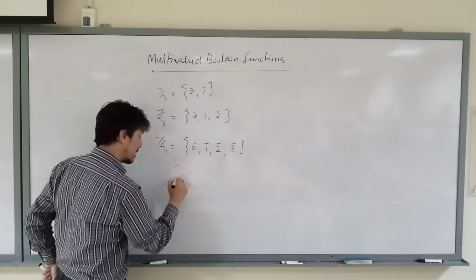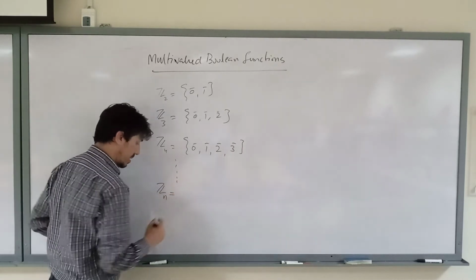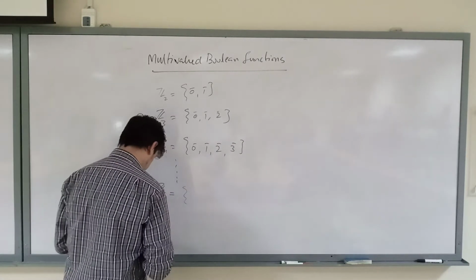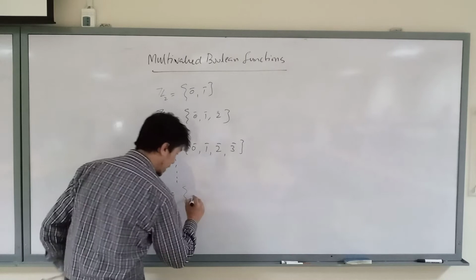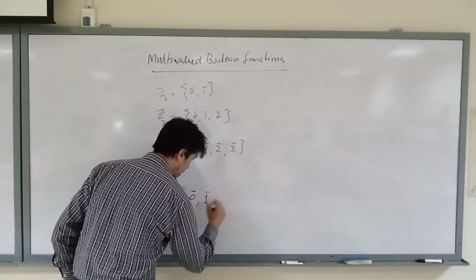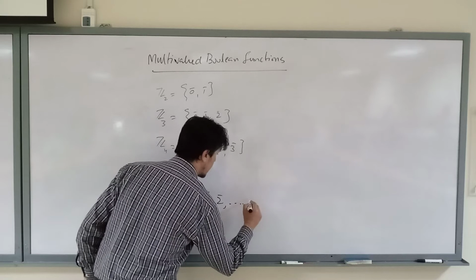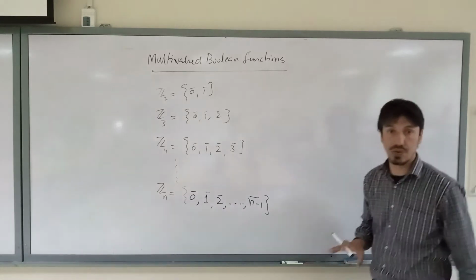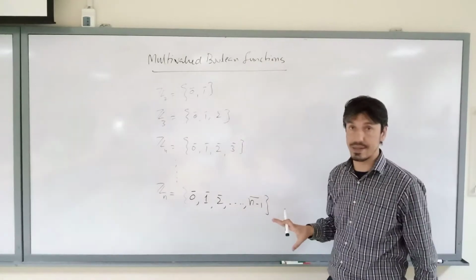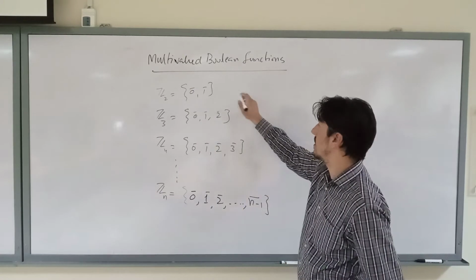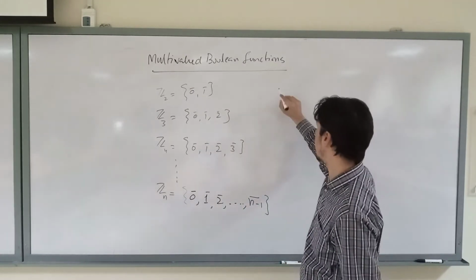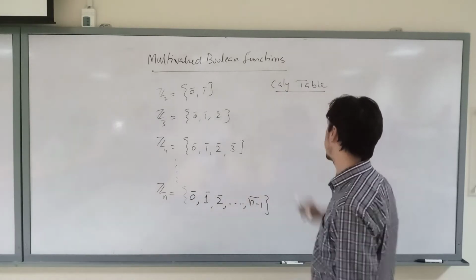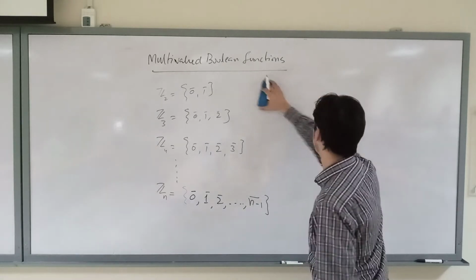These are all modular classes, if you have heard about these, that is 0, 1, 2, and so on up to n minus 1. So if I draw this as a Cayley table, and I construct a group.